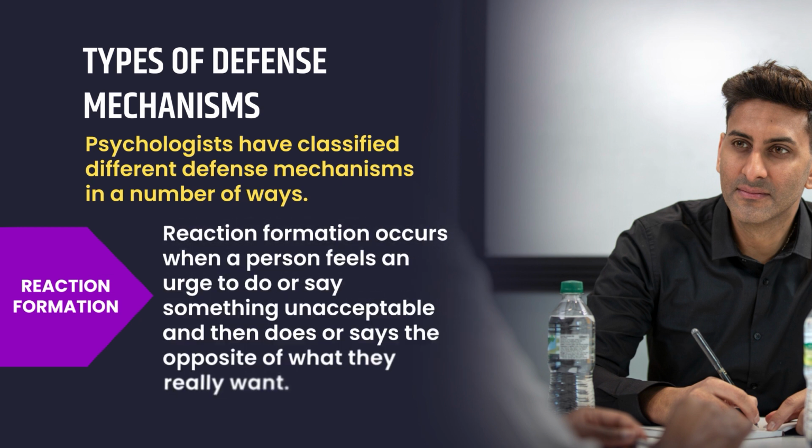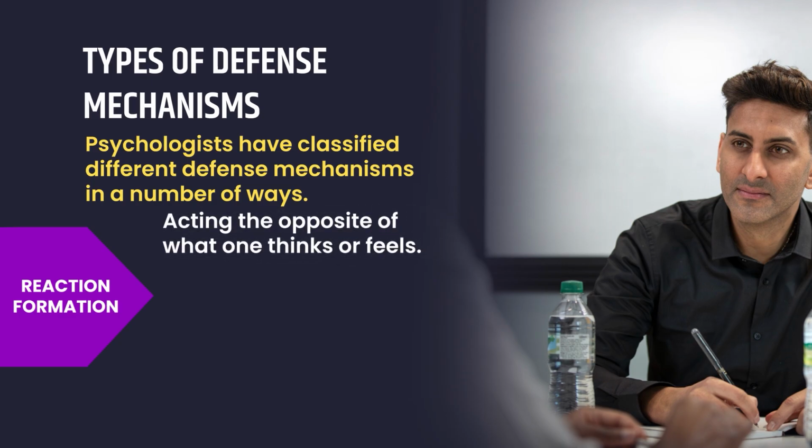Reaction formation occurs when a person feels an urge to do or say something unacceptable and then does or says the opposite of what they really want, acting the opposite of what one thinks or feels.